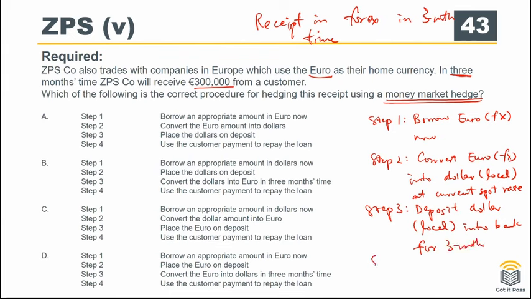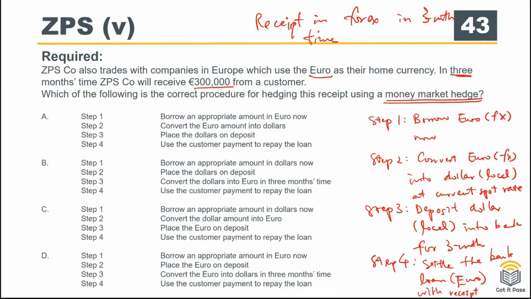And step 4, assuming your customer can pay you finally, you can settle the bank loan with the receipt. So here are the steps.